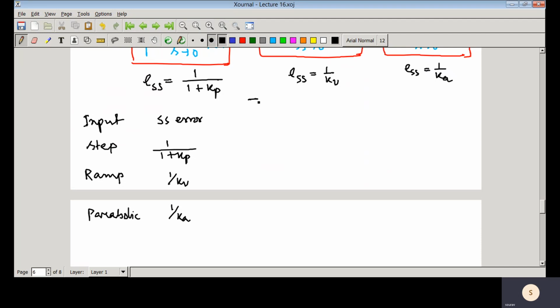Then if we have a type 0 system, type 0 system means there is no integrator in the transfer function, or there is no pole at origin. So then what is that constant? That is the static constant.